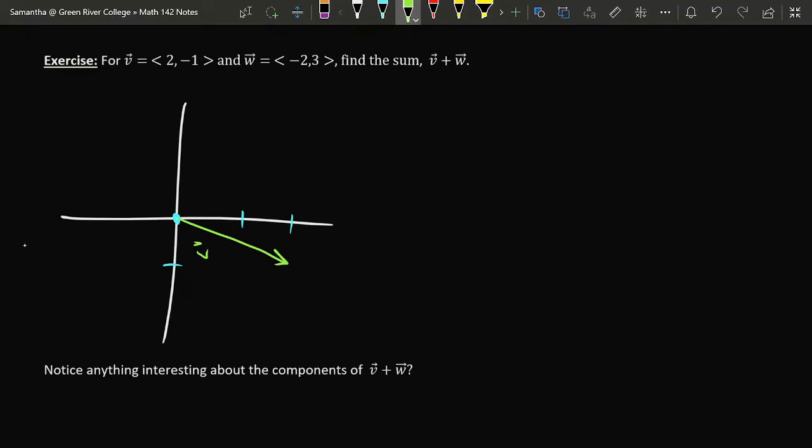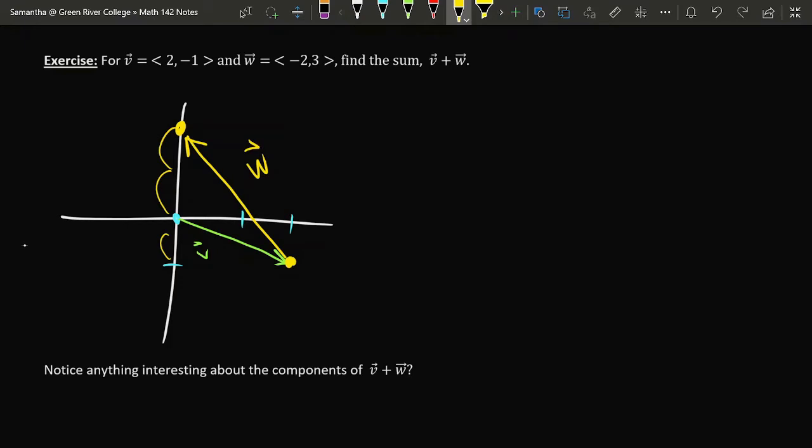Now I'm going to draw the vector (-2, 3). But I'm going to draw it so that the vector originates from the arrowhead of v. So from this position, I'm going to go 2 units in the negative x direction, which will bring me back to x equals 0. And I'm going to go 1, 2, 3 units in the positive y direction. So that points me right here.